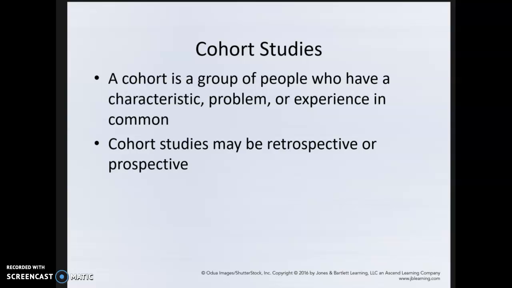When we're looking at cohort studies, that's very common in epidemiological studies, and that's a group of people who have a typical or the same characteristic or problem or experience. So with cohort studies you may be looking backwards at what has happened, or you may have a cohort and look forward at what happens to that particular cohort.